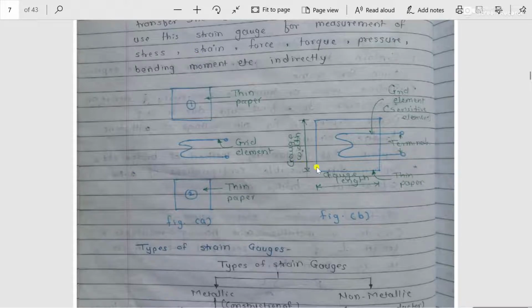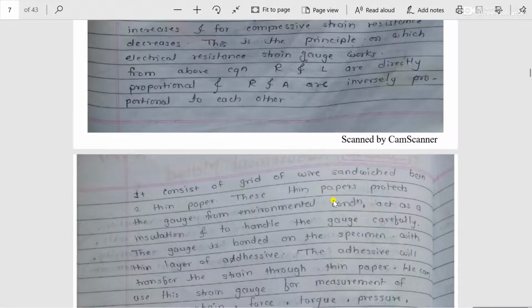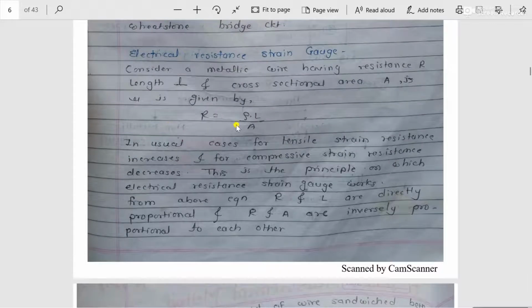So this is the basic construction of the strain gauges, and for the sensitive element and the grid element, we have considered some factors. Whatever the metallic wire we have considered, the resistance of that wire is R, L is considered as the length, and A is considered as the cross-sectional area of this grid element wire before application of load.